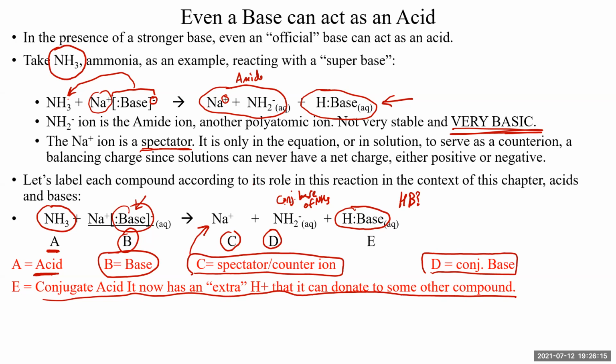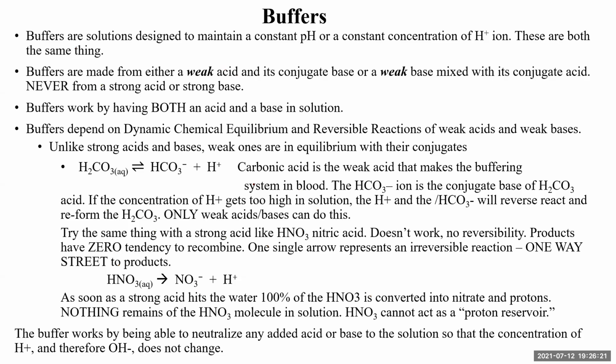Okay. So now that we understand the concept of conjugate acids and conjugate bases, it's time for us to apply that concept to buffers. Buffers make heavy use of this conjugate acid, conjugate base concept, but only for weak acids or weak bases, one or the other.